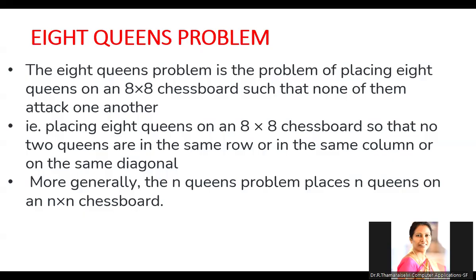So the problem here is we have to keep all the 8 queens, one in each row, so that none of them attack one another. That is, placing 8 queens on an 8x8 chessboard so that no 2 queens are in the same row, the same column, or on the same diagonal.